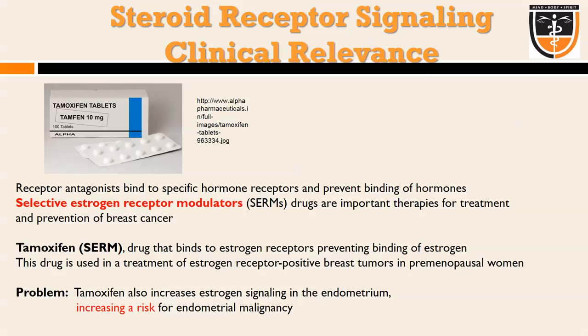Premenopausal women, of course, you can't affect their aromatase. Why? Because they produce estrogen, and they actually need it to have the normal effect of estrogen on their bodies. You don't really want to completely shut down their estrogen.